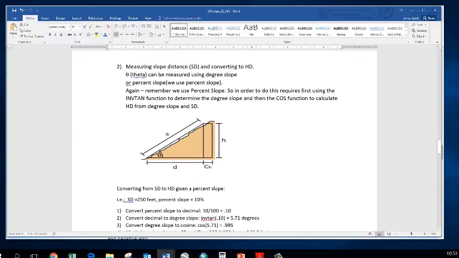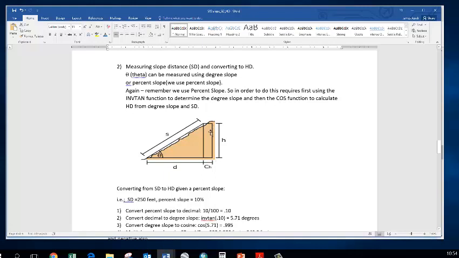The problem is what our percent slope is actually measuring is not the relationship between the adjacent and the hypotenuse. It's measuring the relationship between the opposite and the adjacent. So the number it's giving us is telling us this relationship, rise over run. So what we have to do is convert that to degree slope, and then we can use the cosine function.